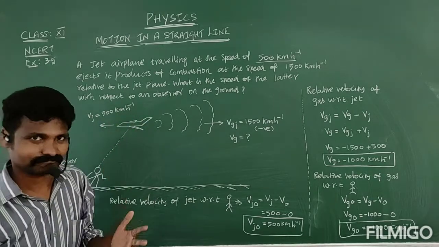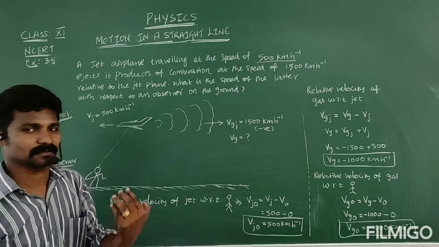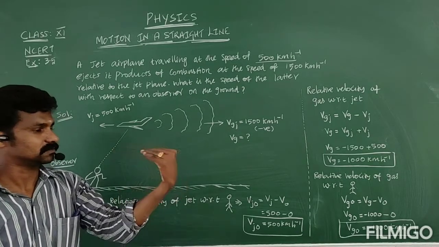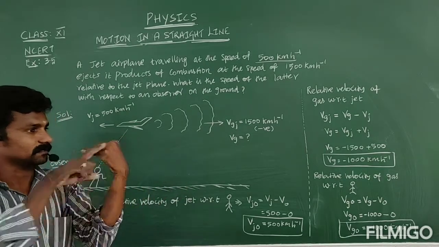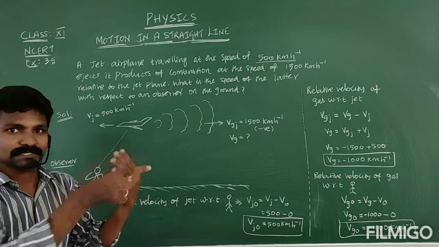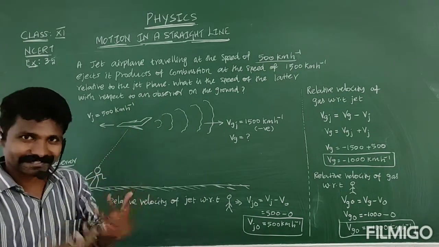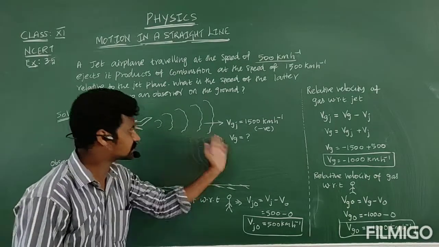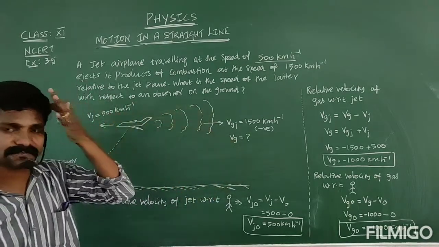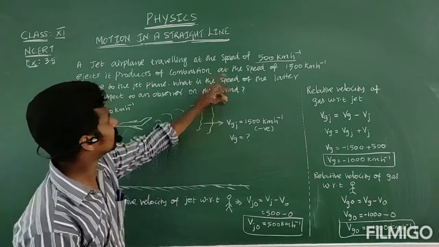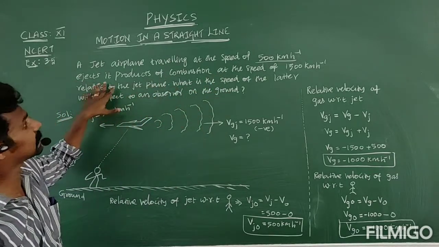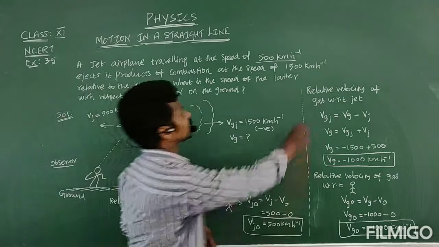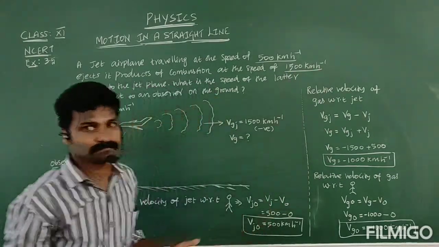You know very well, according to Newton's third law, the jet is moving in the forward direction, so it will emit the gases in the opposite direction. The velocity of the gas is given as 1500 km per hour.